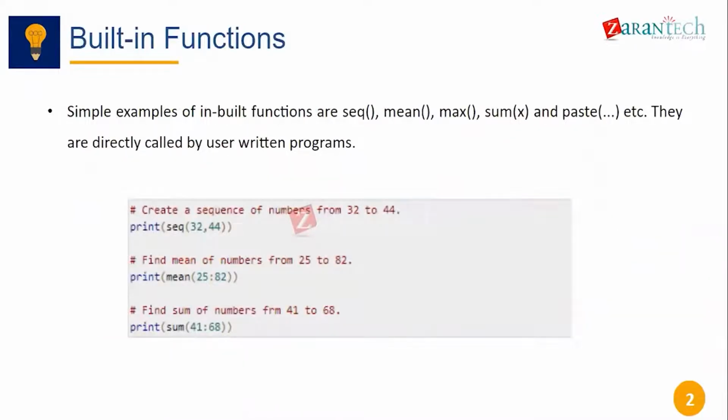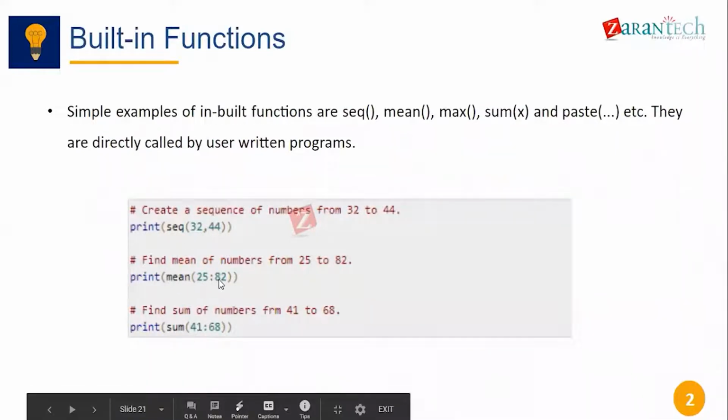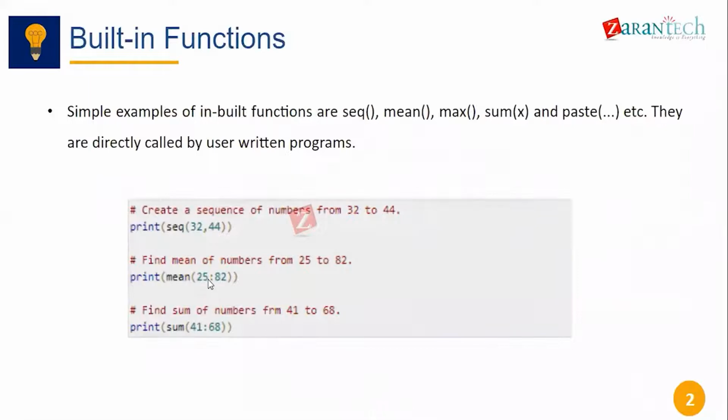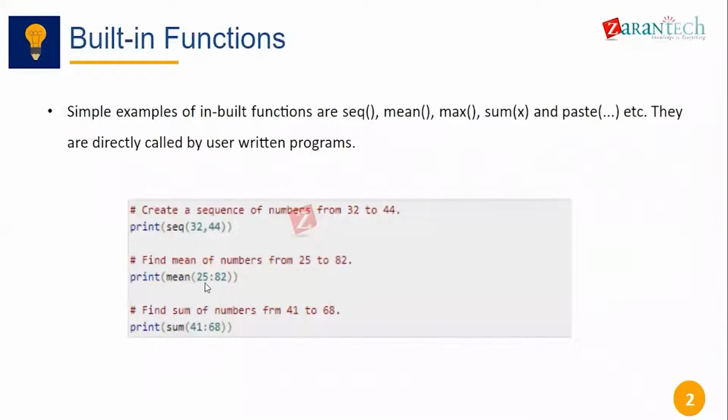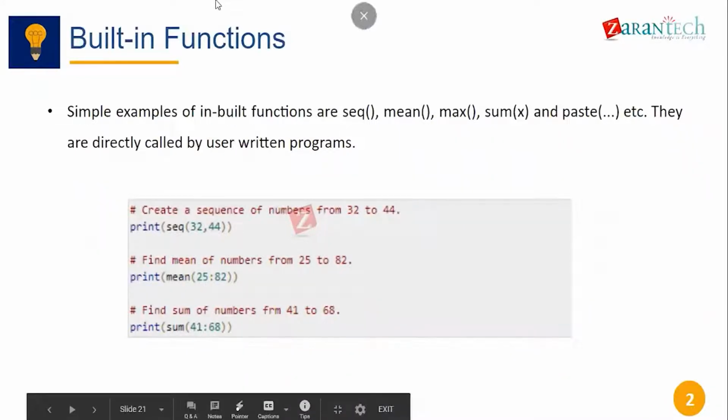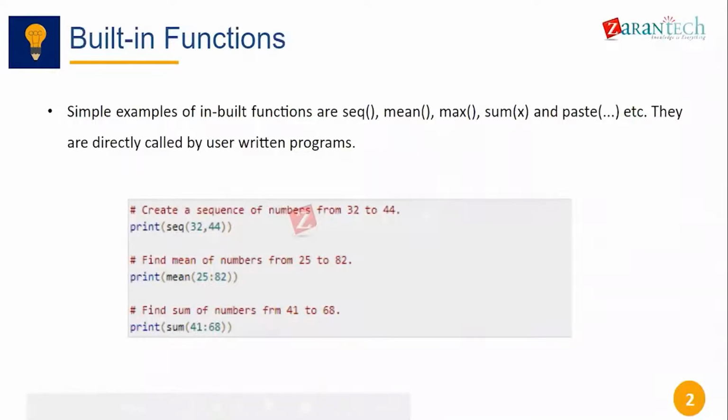This is showing you some examples, right? Like mean of 25 to 82. This creates a vector from 25 to 82 and finds the mean of those numbers. We'll see how this works.